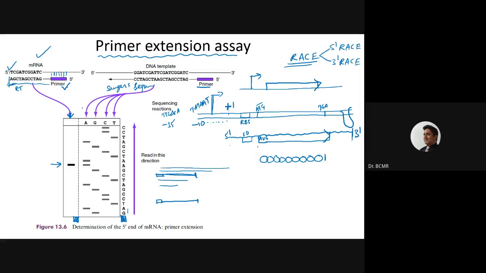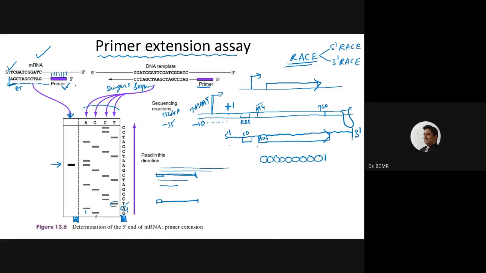In Sanger's method, when you run the electrophoresis, all these reactions get resolved to one base difference. The difference between this fragment and this fragment is just one additional A, and here it is one additional T. That is how we were able to read the sequence in the first place.